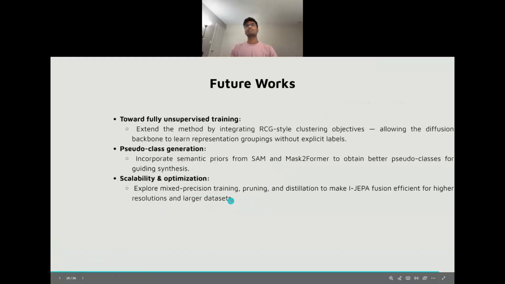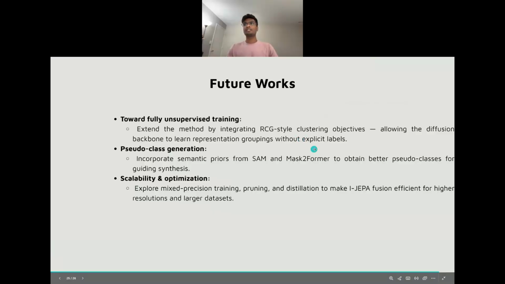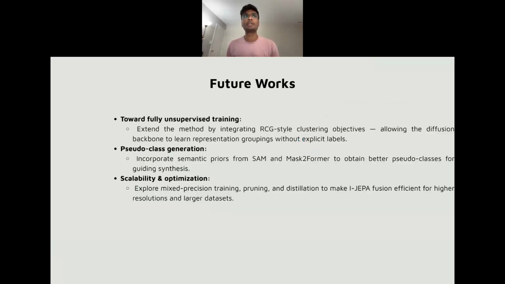So the future work, which I'm strongly inclined towards, is making this method fully unsupervised, and also using techniques from object detection and segmentation, with models such as SAM and Mask2Former. The Segment Anything Model is pretty good at segmenting and differentiating between objects in an image.